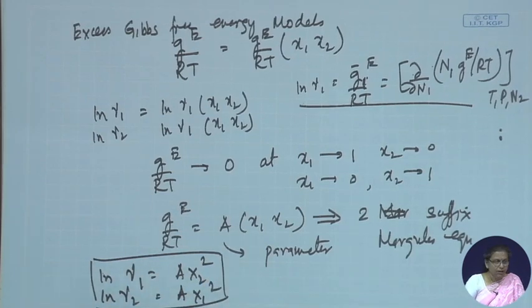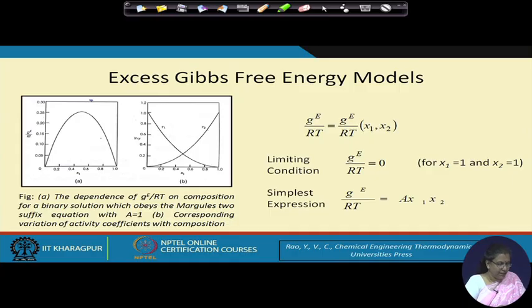So, this is the simplest equation, and for A equals to 1, while G by RT is symmetric about x1 equals to 0.5, the activity coefficient curves are mirror images when ln gamma is plotted against x1.